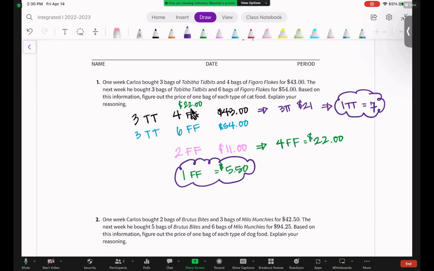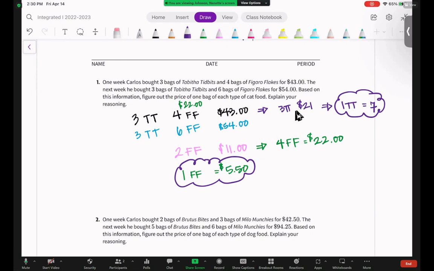So then I know that 4 of them cost $22. So then I'm still trying to figure this out. So if 4 of them cost $22, that means I can subtract, of my total $43, $22 is made up of this. So I subtracted and I was left with $21. So that means 3 Tabitha tidbits is the same as $21.